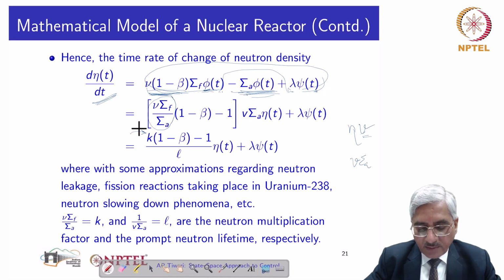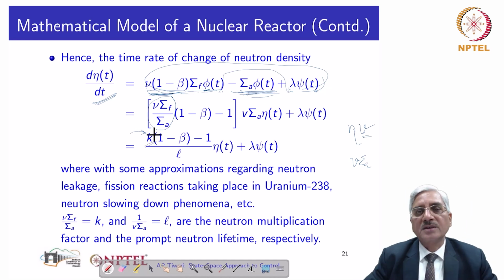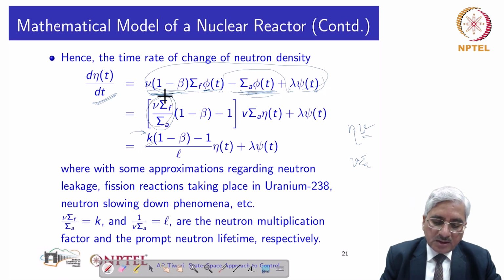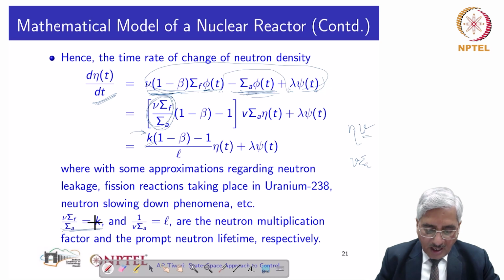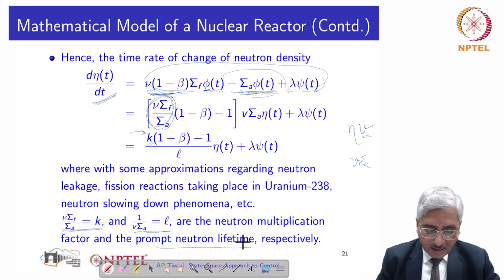This is not truly the effective multiplication factor, but even if we consider the leakage, the K comes here, and then it is the effective multiplication factor. So this is not the exact expression for K, but for our purpose we take it as the expression for K. And similarly, this is not the exact expression for L, which is called the prompt neutron lifetime. It is slightly different than this, but we take these two expressions as valid for our purpose.